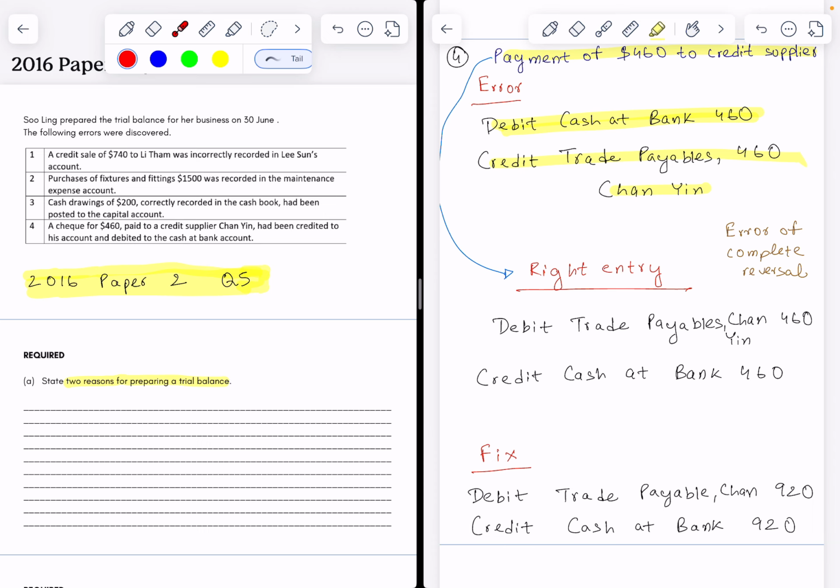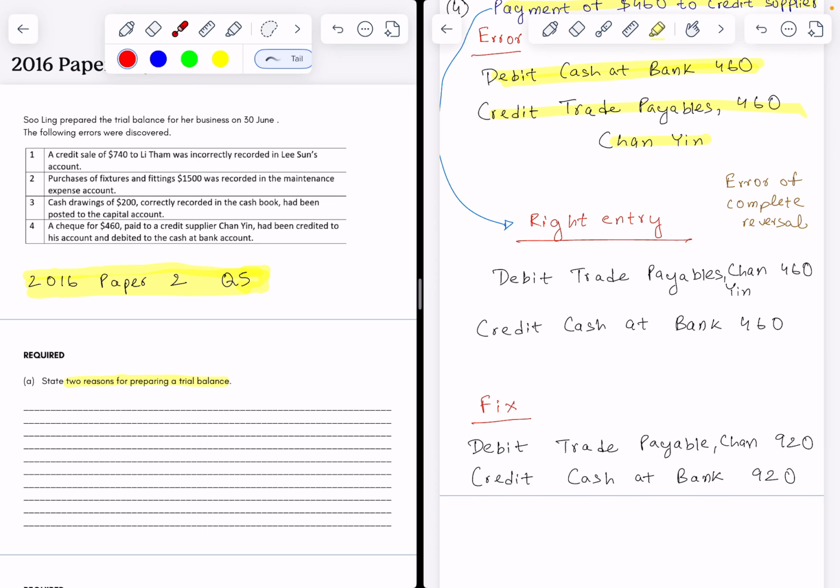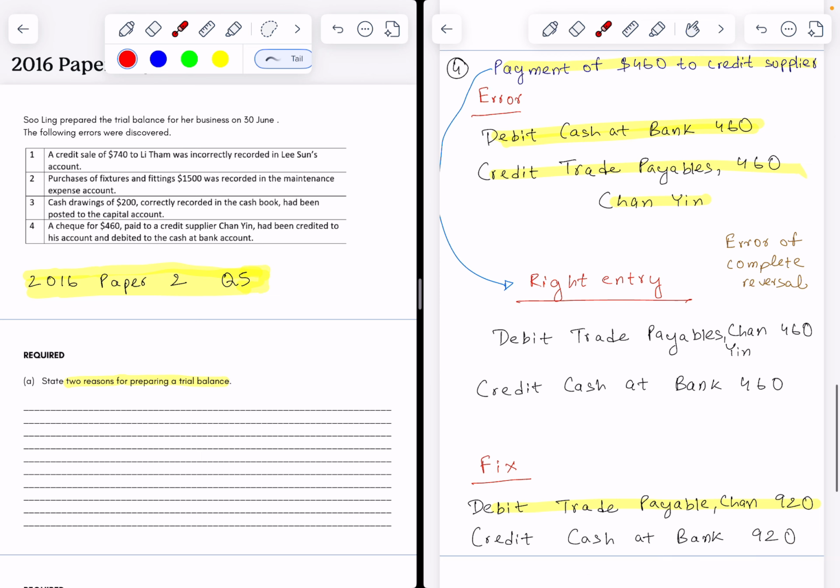We can just simply debit the account for trade payables Shan Yin by 920. So when we do 920, we're making sure that the 460 credits are first entirely offset, and then we have an additional surplus of 460 debit, which matches the correct journal entry that we were supposed to do initially. Okay? All right. Yep, so that's it for this transaction.